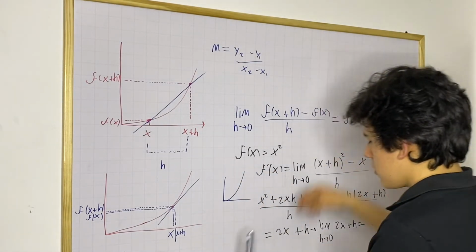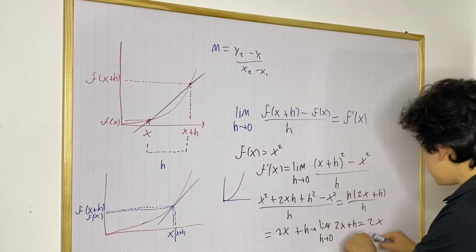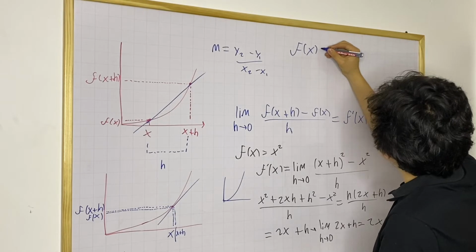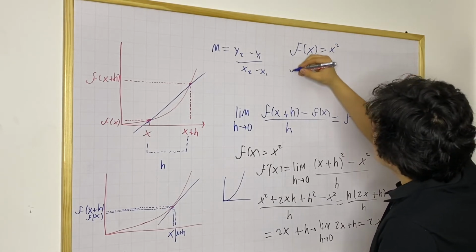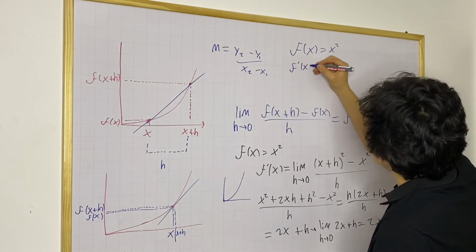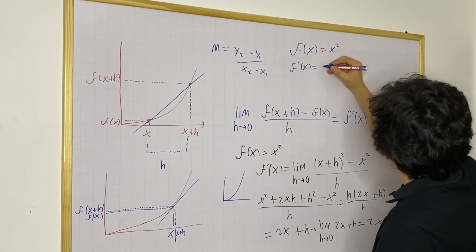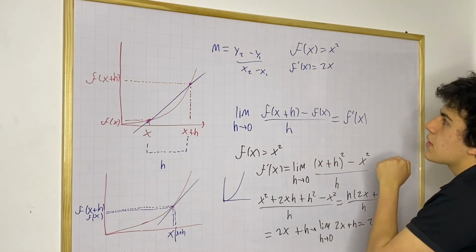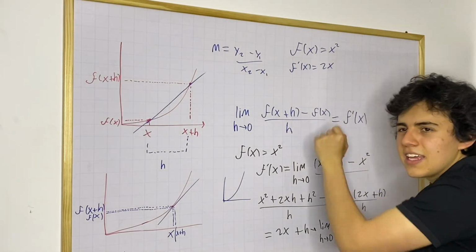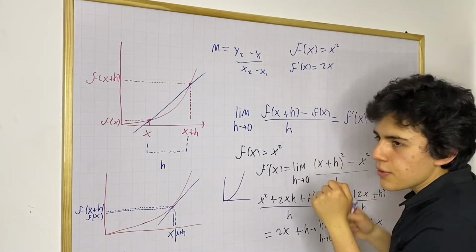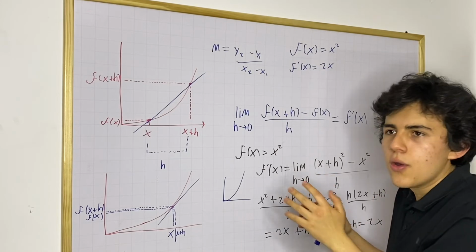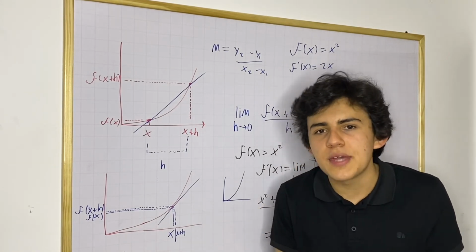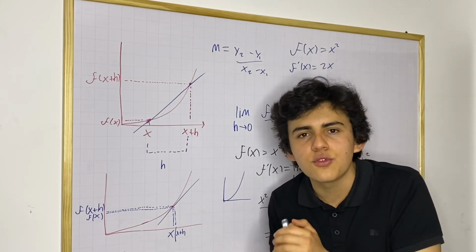Which means that if f of x is equal to x squared, then f prime is just simply going to be equal to 2x. This is the derivative, the 2x is the derivative of x squared. Now you might be wondering, what do I do with this 2x? That is what we were trying to get, what I said that we needed to find before.